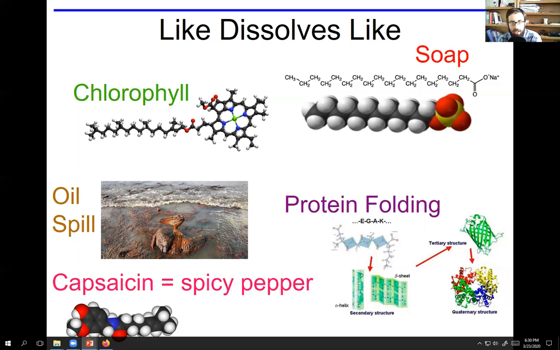That's, a large part, due to like dissolving like. The non-polar amino acids like to be next to the non-polar amino acids, so those parts of the protein will fold so that they can get as close to one another as possible. And the polar parts like to be near other polar parts. They're kind of dissolving each other. All right.